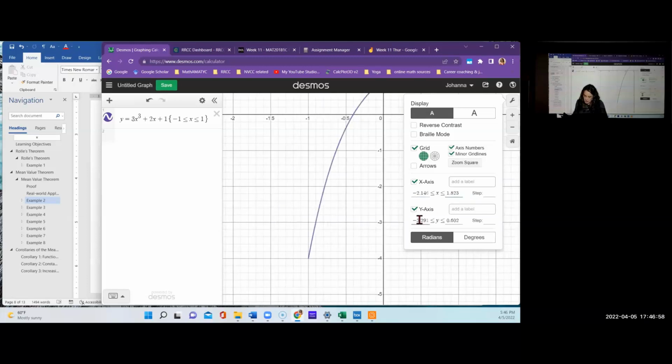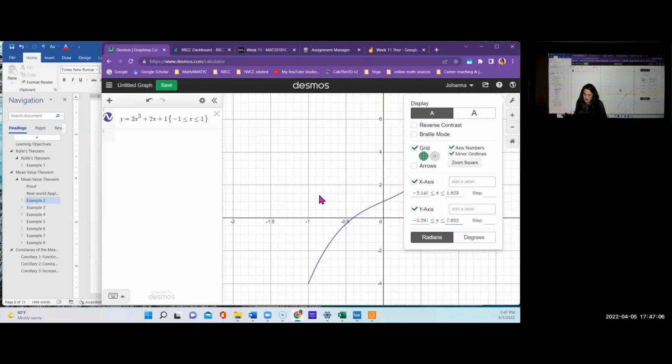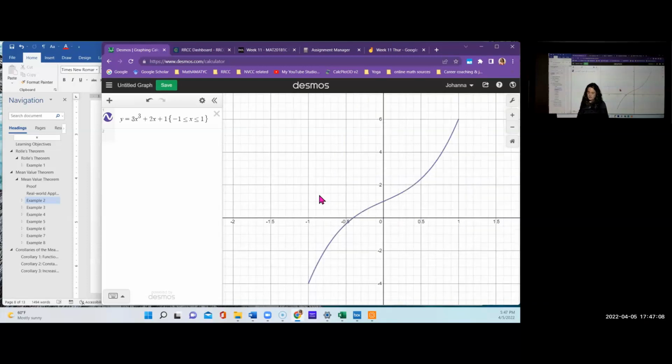And I'm going to change my y values to go between -5 up to about, let's say 7, so that I can get everything onto the graph. So now I can see the whole part of this function between -1 and 1.